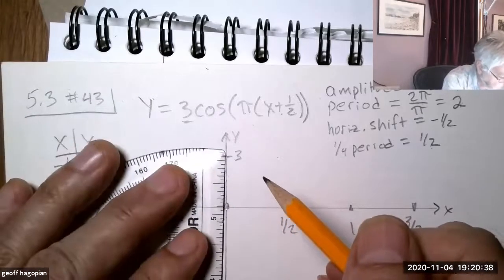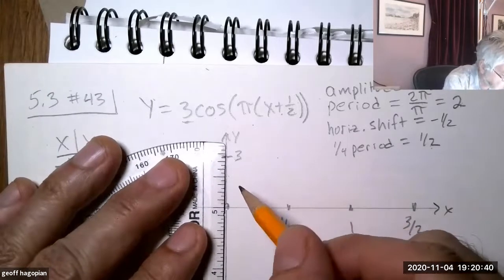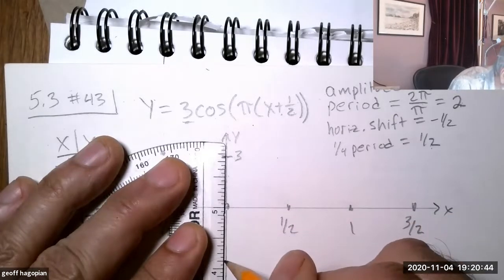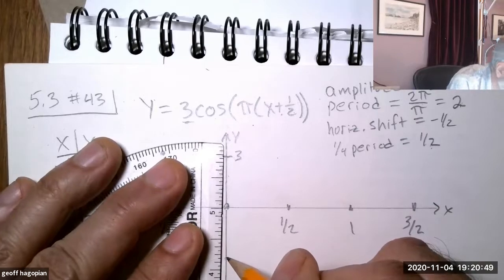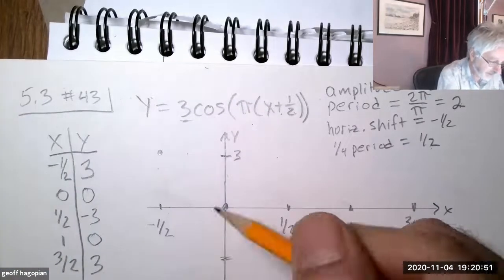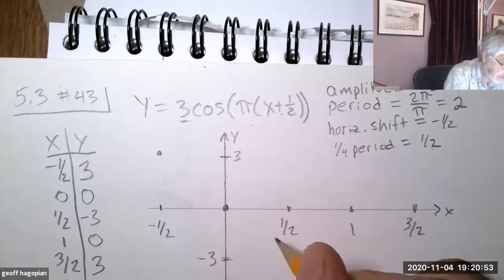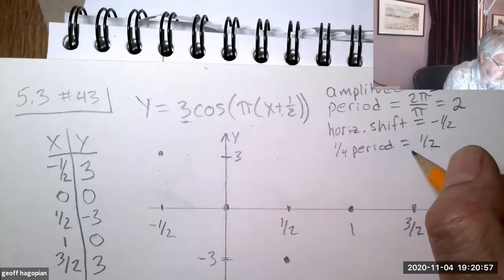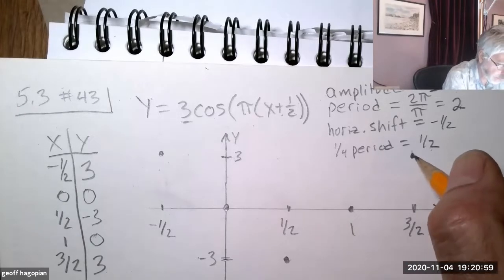I want that to be perfectly evenly spaced. Okay. I guess about there then. -3. So here's my trough, equilibrium, and back to peak.